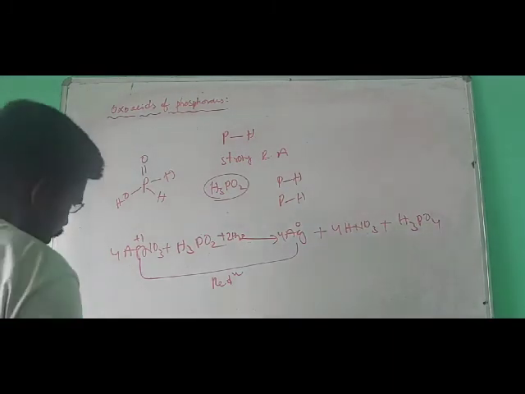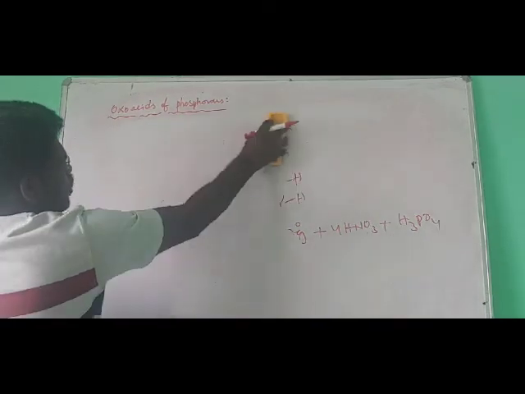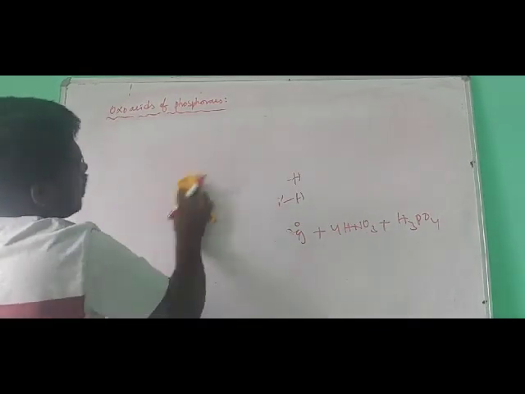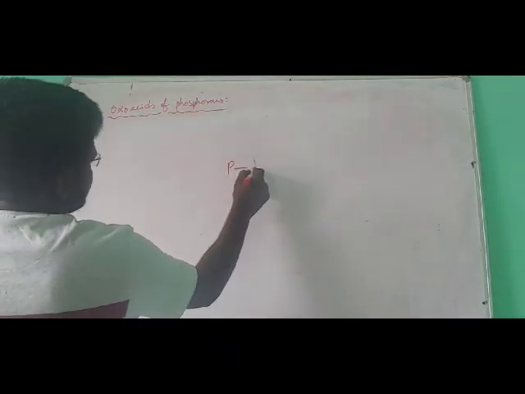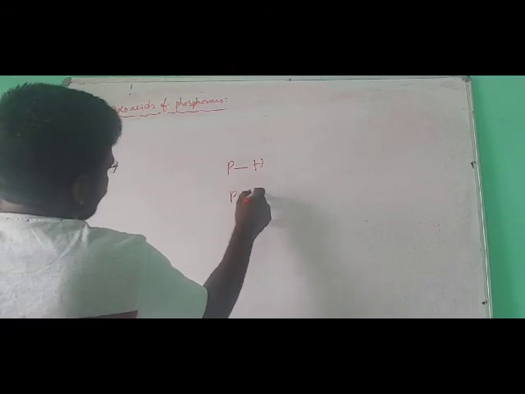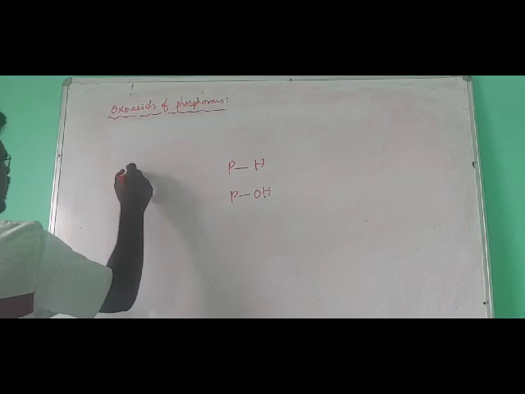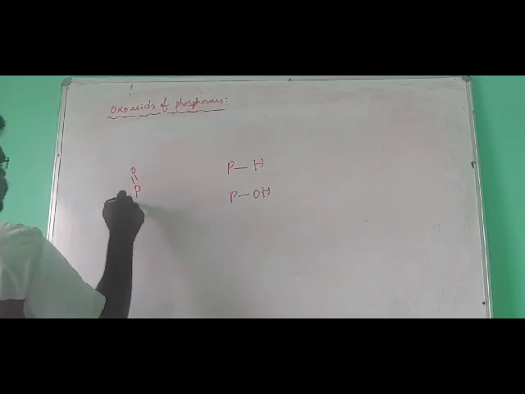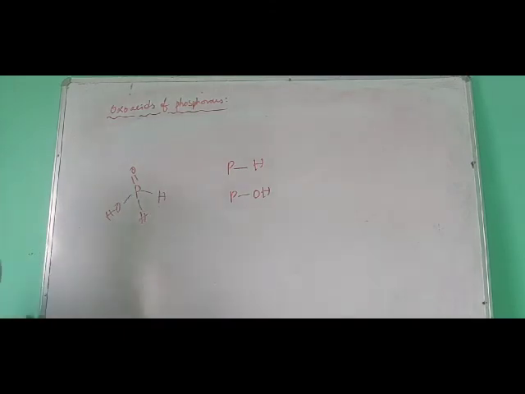And one more important thing, students. Now in a given oxo acid of phosphorus, sometimes we have PH bonds and sometimes we have POH bonds. Example, the previous molecule, let us take H3PO2. Now you see in this one we have POH bonds and PH bonds.